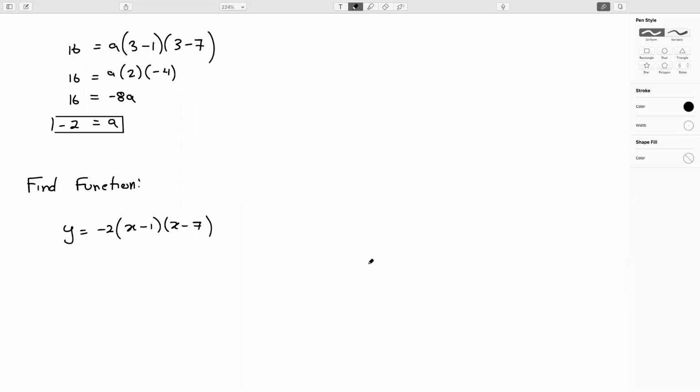If I want to write it out, this is factored form, but I want it in standard form or general form. Expand the brackets out. So -2 times x squared, outer minus 7x, inner minus x, last plus 7.